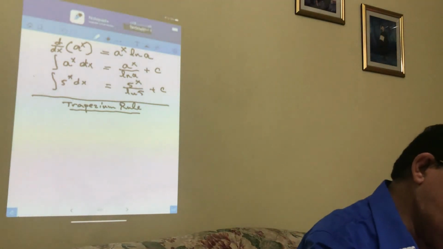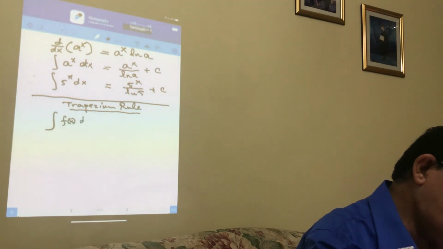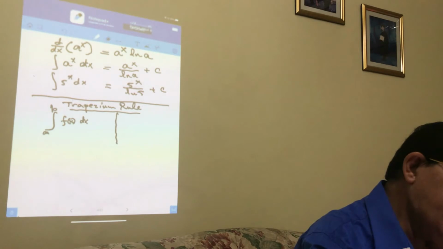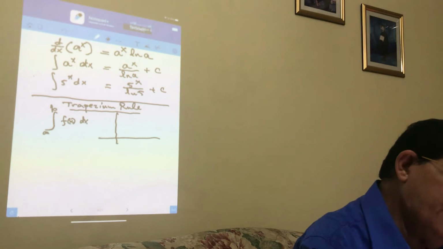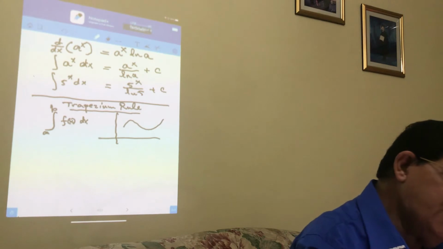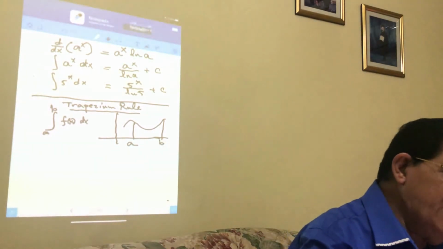We know that if we are asked to integrate a function f of x dx from a to b, and this is the function from a to b, like this, and we are asked to integrate from here, this is A, to this B, the number of strips will be given to us.